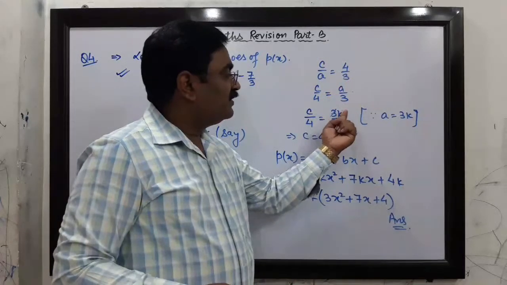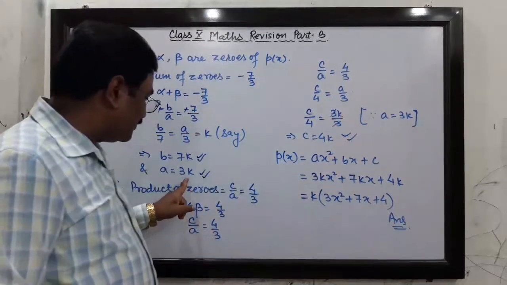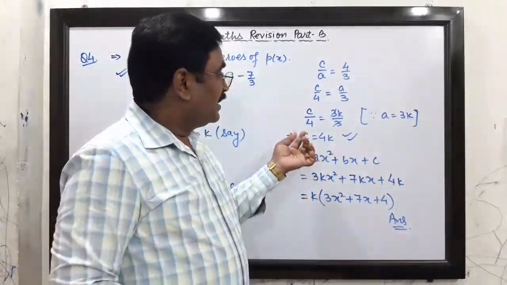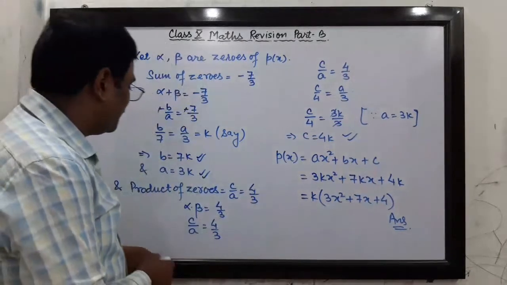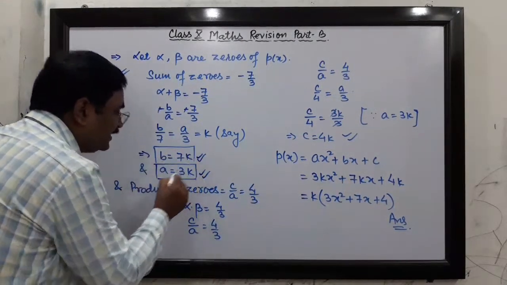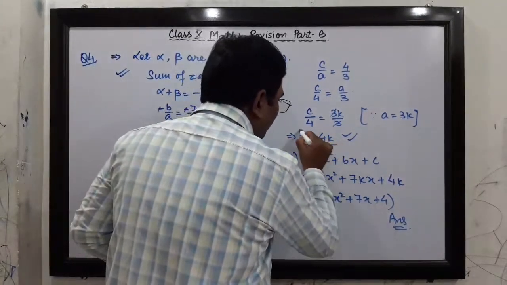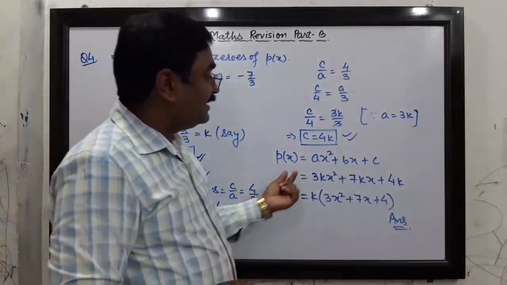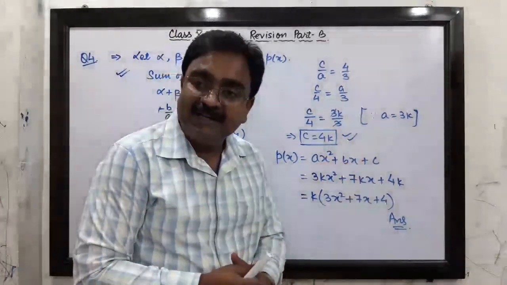Here the value of a you have substituted as 3k, so we get the value of c, that is 4k. After getting the values of a, b and c, a is 3k, b is 7k and c is 4k, you just write down the standard form of this quadratic polynomial.